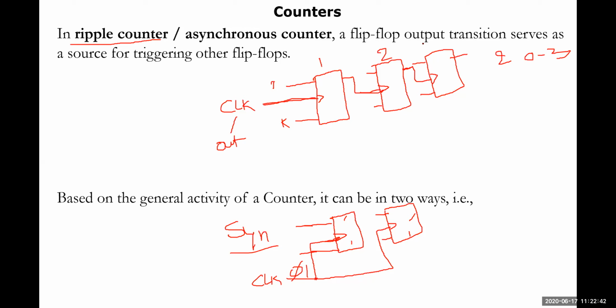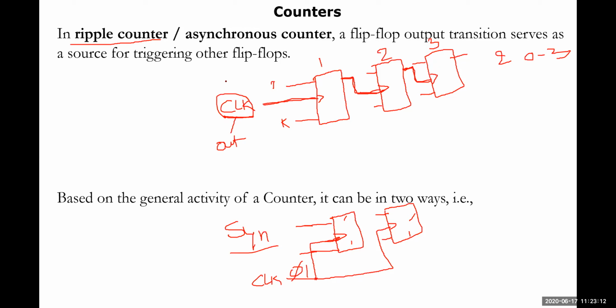This is the first, this is the second, and this is the third. The third flip-flop works based on the output of the second flip-flop. The second flip-flop works based on the output of the first flip-flop. The first flip-flop works based on the external clock pulse.